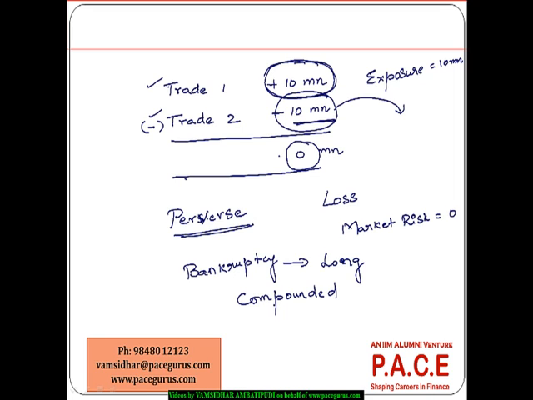But on the other side, when you look at a non-derivative transaction, where we are simply talking about traditional debt issued by B and invested in by A, at least the exposure is known.